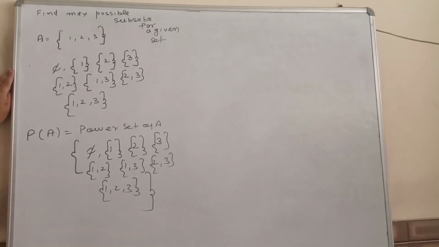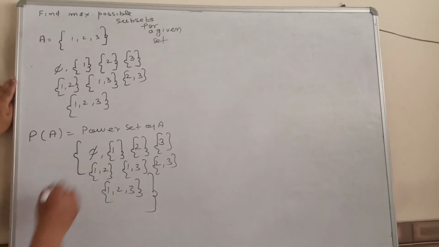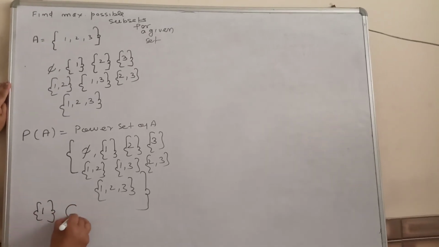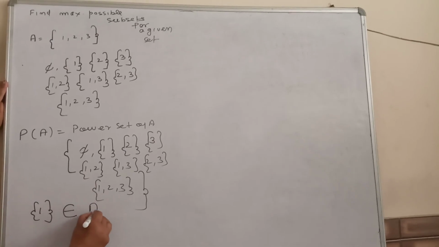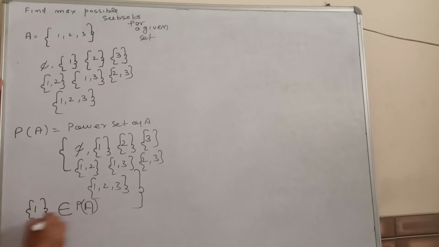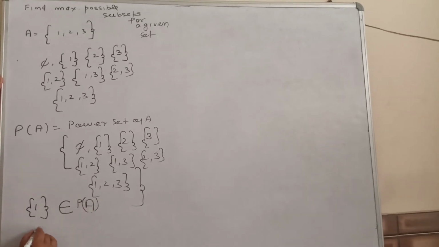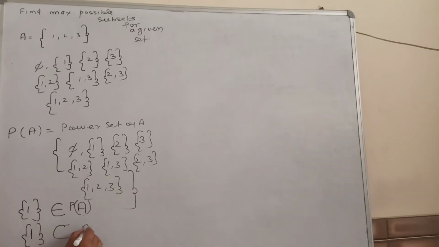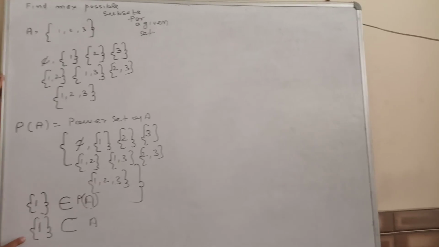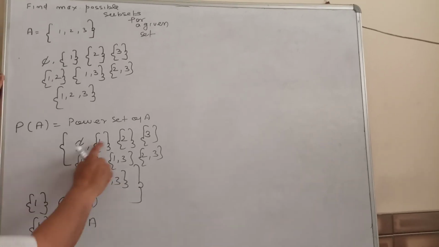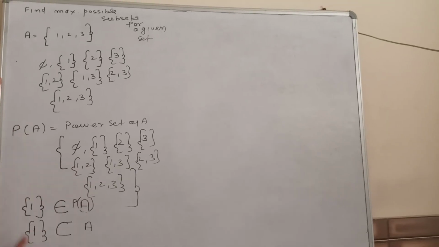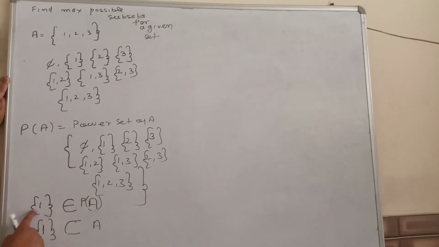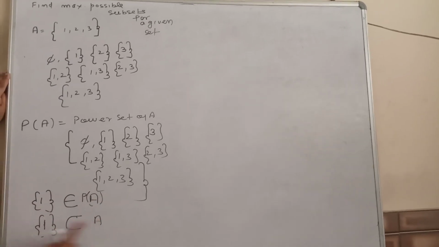Now we can write a relation like this: {1} belongs to P(A). This is not a belongs to A, but this one is a subset of A. So there are differences between these two things. This is a set, and here this is a member of this power set, but here this is a subset of A. So this is the relation between a member and a family, and this is the relation between two sets.